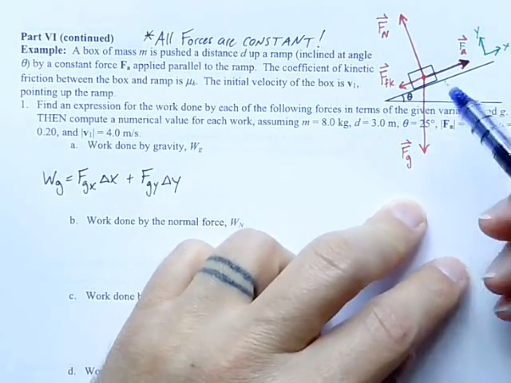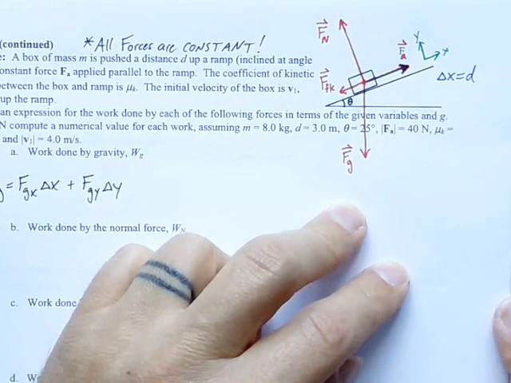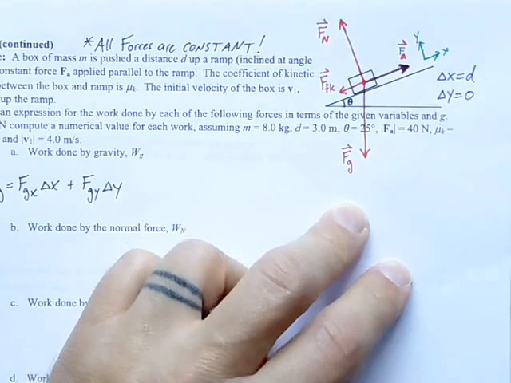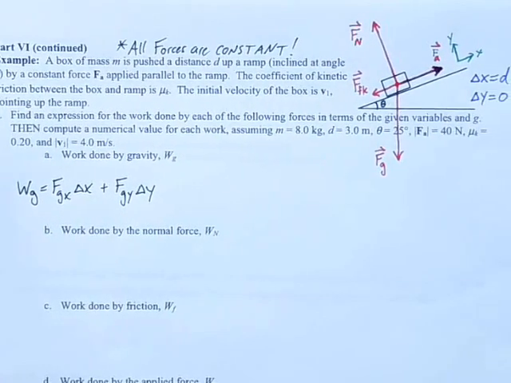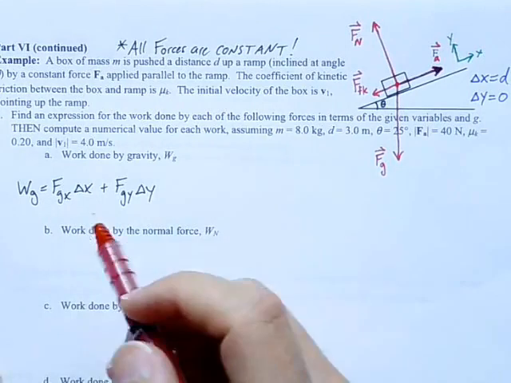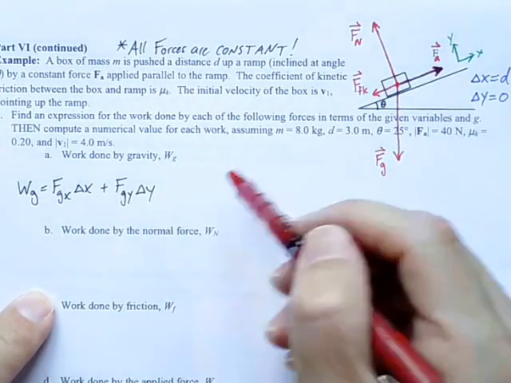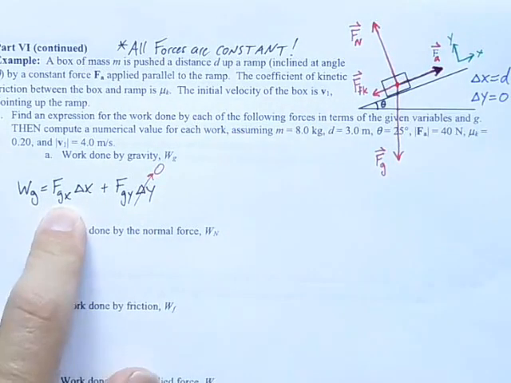And then note that our displacement in the x direction is the distance d, and our displacement in the y direction, perpendicular to the ramp, would be 0. Okay, noting that, let's check these terms to see if any of them are 0. Delta y is 0, so that term drops out. We'll be left with this term right here.